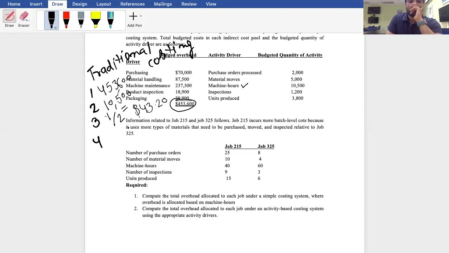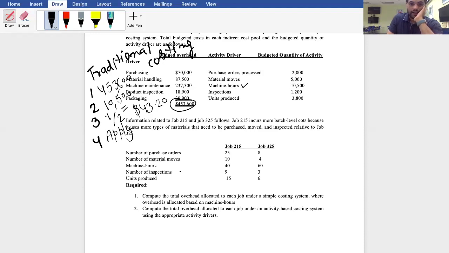And step 4 is apply, all right? So how are we gonna apply? Of course we have 2 products, right? So the first product is job 215 and second product is job 325, all right? So for job 215, rates multiplied by machine hours.